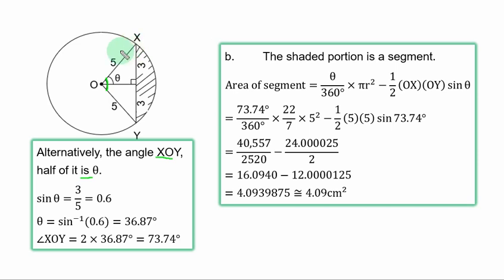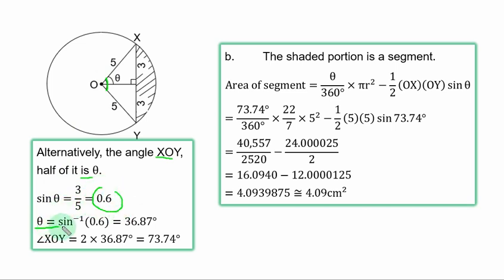So this is the hypotenuse, you have the adjacent, and here, okay, this is the opposite. The side facing the angle is 3, that is the opposite, then this is the adjacent. So sine theta is equal to 3 over 5, and that is 0.6.